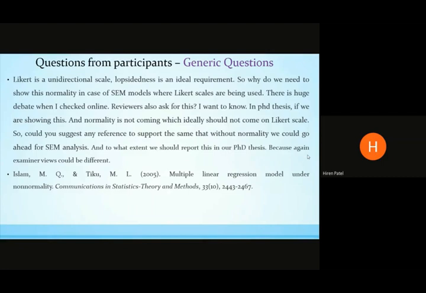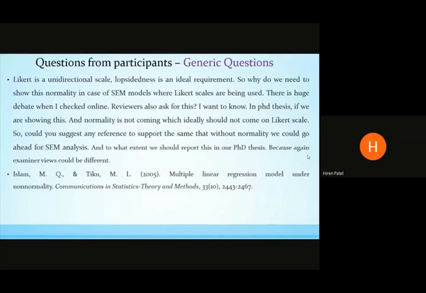That is your first assumption, and that is your source for the entire thing. Similarly, you say that normality is not coming, which should not come on a Likert scale. Again, wherever you have generated this statement or thought, that is your review of literature.